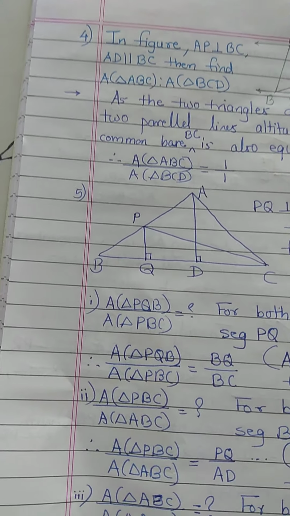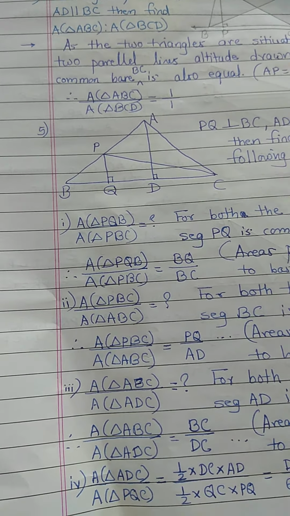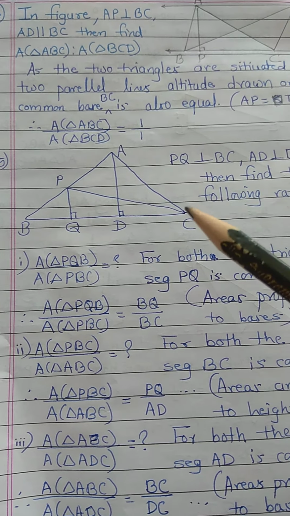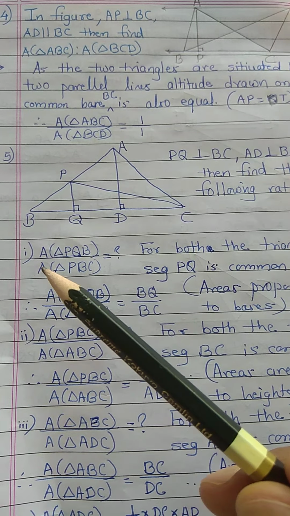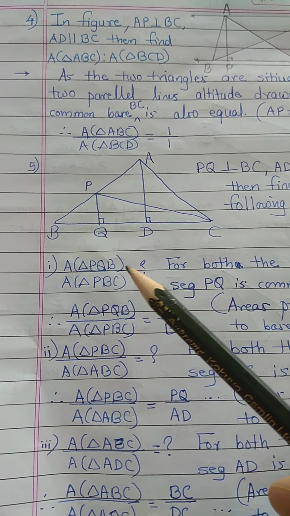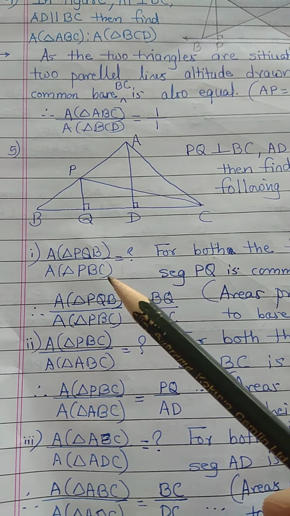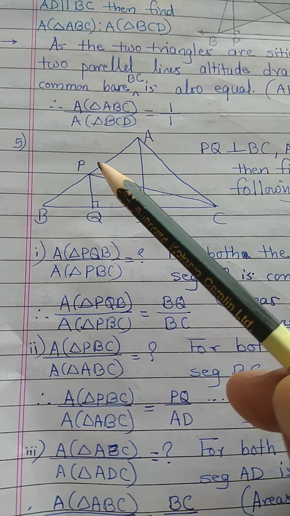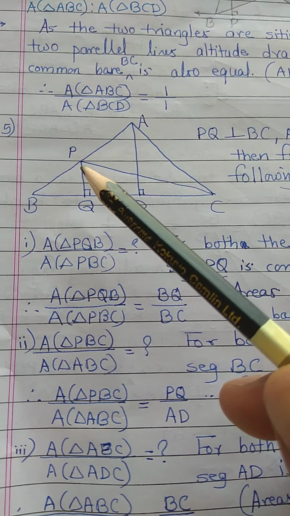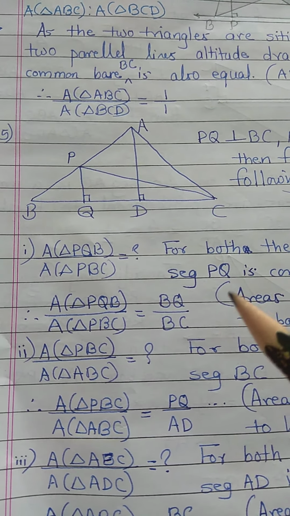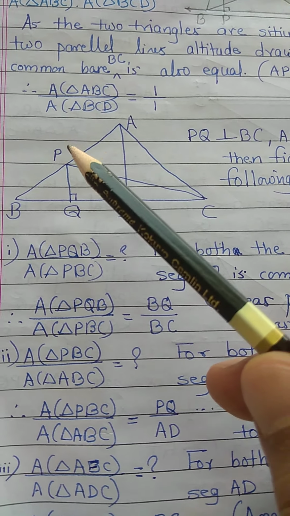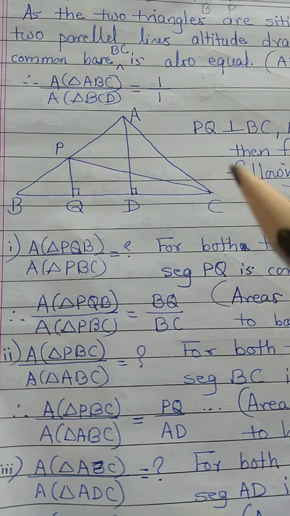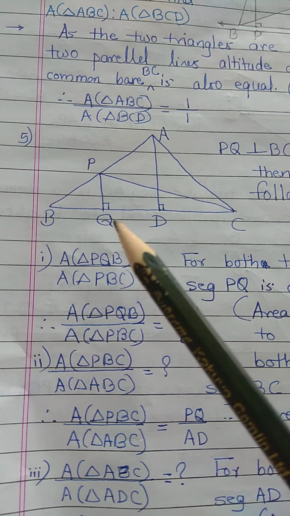Okay, now question number 5. Roman 1 is area of triangle PQB upon area of triangle PBC. For both the triangles PQB and PBC, the height PQ is common. As height is common, the ratio of areas should be proportionate to the corresponding bases.